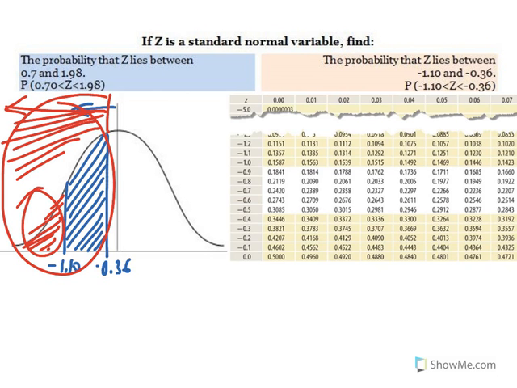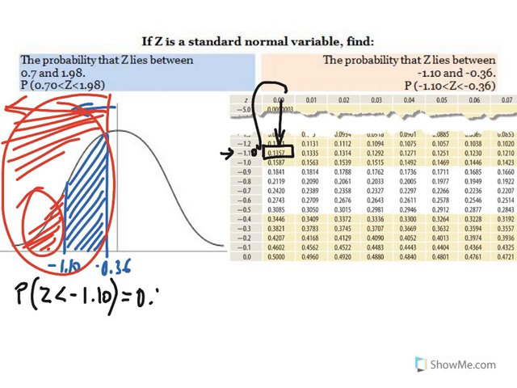So let's find the probability of z smaller than minus 1.10. So the area to the left of minus 1.10 will be minus 1.1, this right here, and 0. So that 0 comes here and becomes minus 1.10. So that goes into this cell. So that's the probability, 0.1357. So that is the smaller area, the area to the left of z minus 1.10.